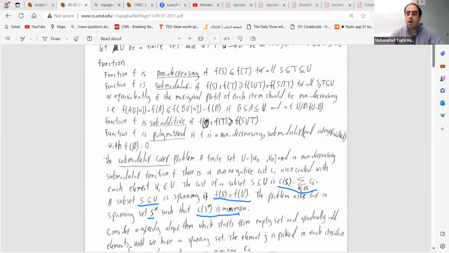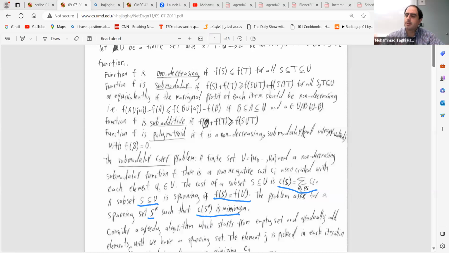So this is the submodular cover problem. Again, given this set U and this function f, which is non-negative, you want to find a spanning set S star, meaning f of S star should be equal to f of the whole U, and at the same time you want to minimize the cost of S, which is just the sum of the costs of the elements in S. There might be some definitions where the cost of S star itself is a submodular function.